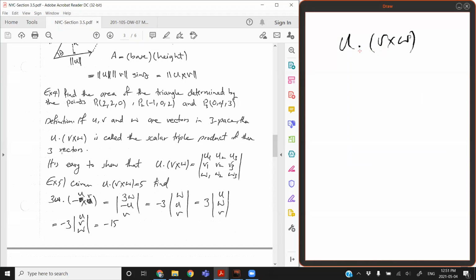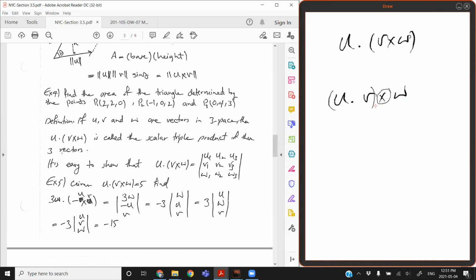And of course, for this to make sense, you have to do this one first, because if I have u dot v cross w, it wouldn't make sense to do this one first. If you do this first, you're going to get a scalar, and a scalar, you cannot multiply with a vector using the cross product.